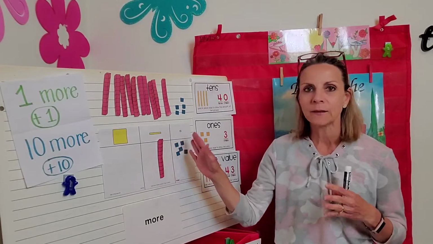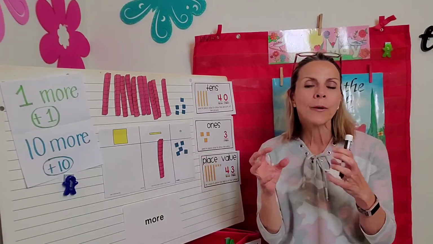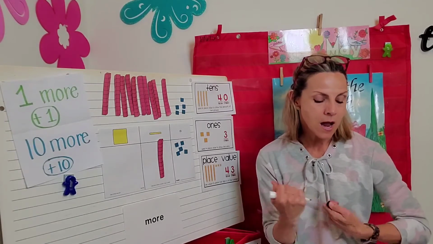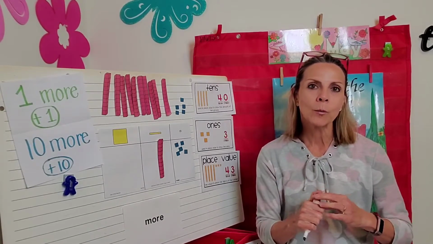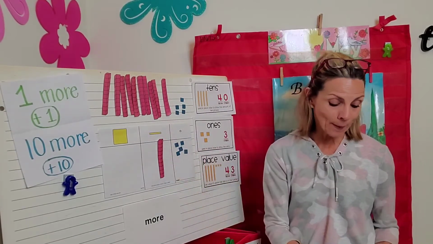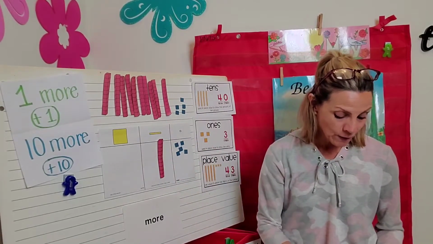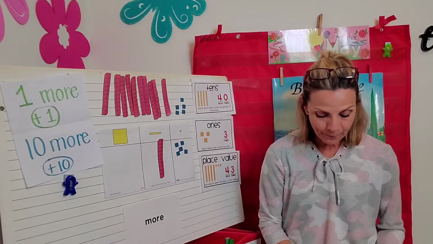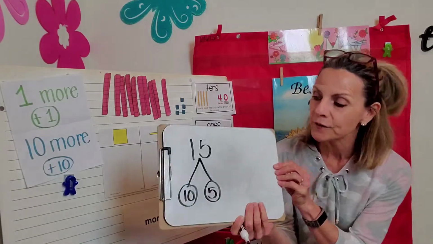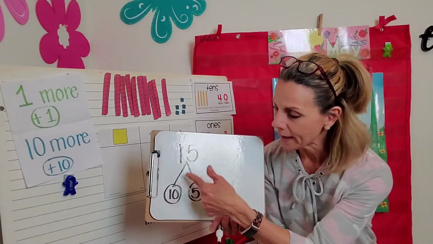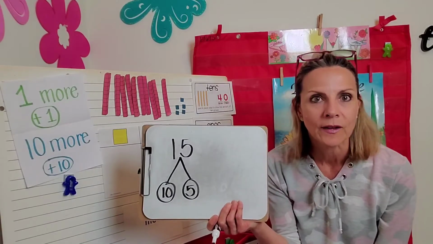When we add 10 more, we can break up 15 and pull out our group of 10, and that's going to help us when we're putting together and adding another group of 10. So I'm going to go ahead and use a number bond, just like I did in our last session, and I'm going to break up 15 into 2 parts, 1 ten, and then 5 ones.